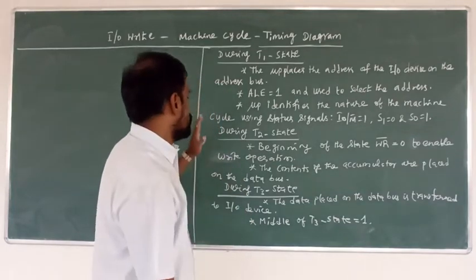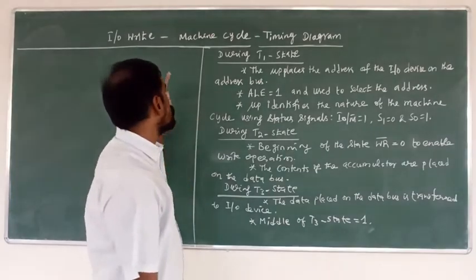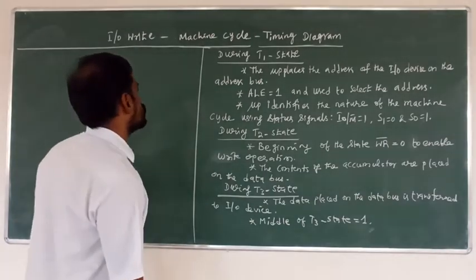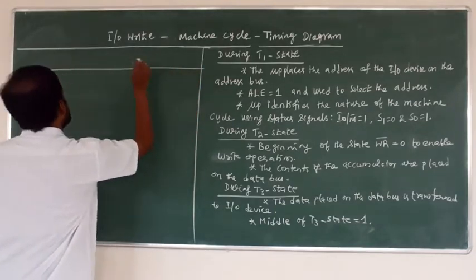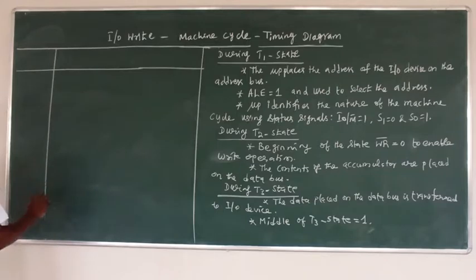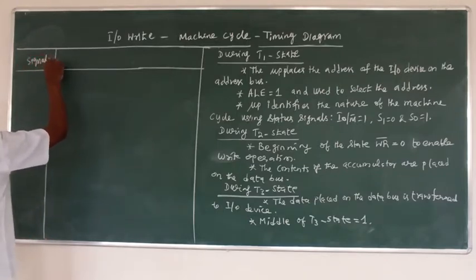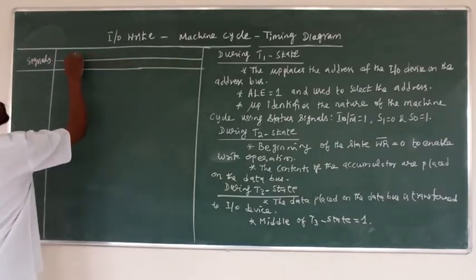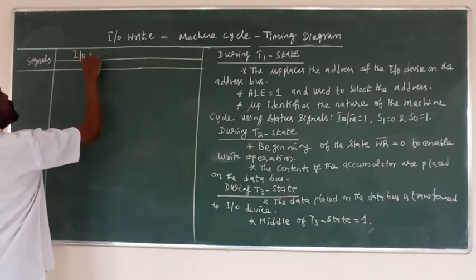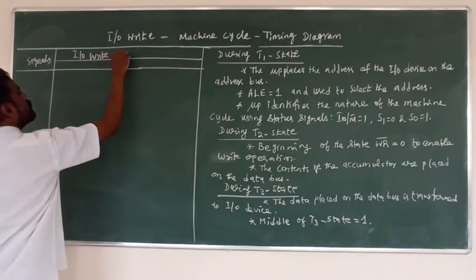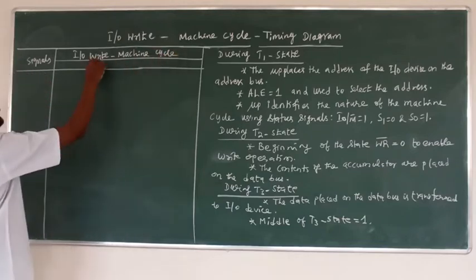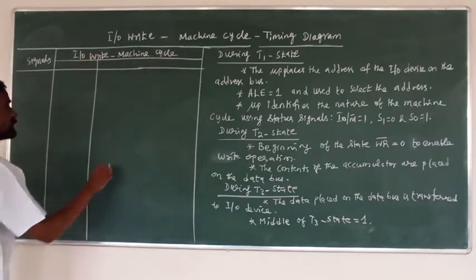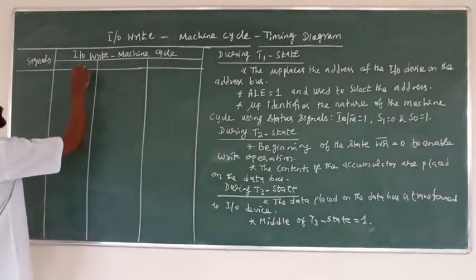Okay. Now, according to this concept, let us draw the timing diagram. For that, it requires three T states. The first column is signals. Next, the input output write machine cycle. There are three T states, T1, T2 and T3.